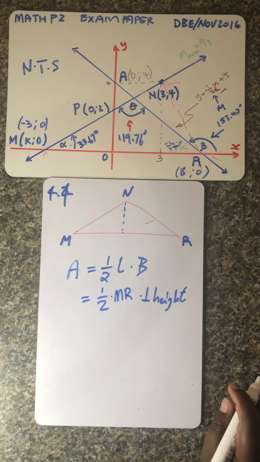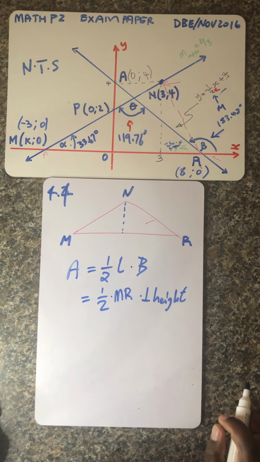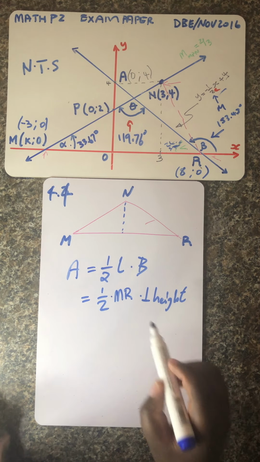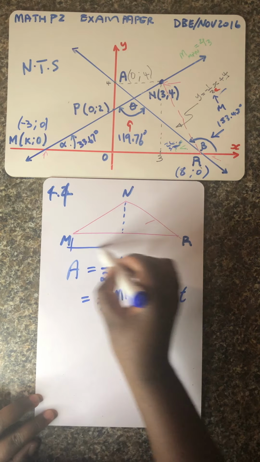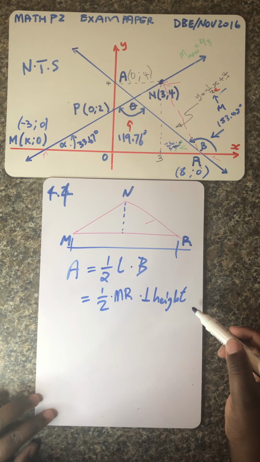This is the breadth of that triangle. It doesn't really matter if you just apply the formula that you know for a triangle, but I just wanted it to make sense that this is our length in this case, which is MR.